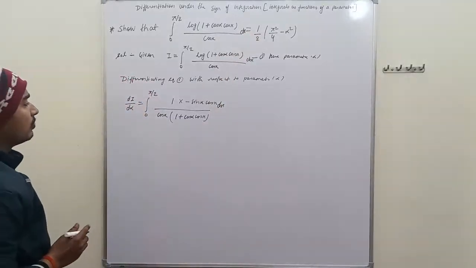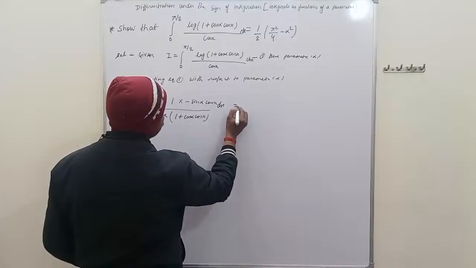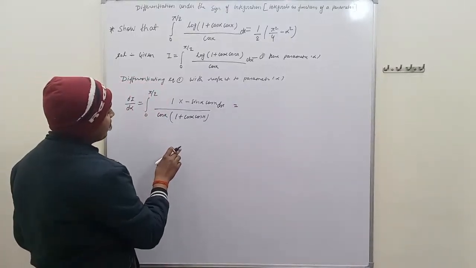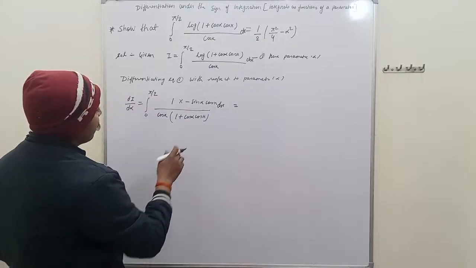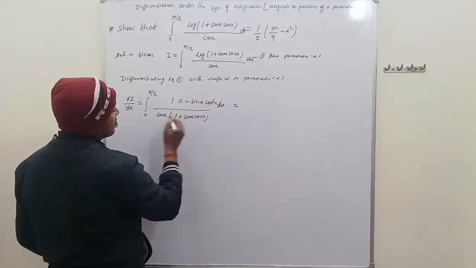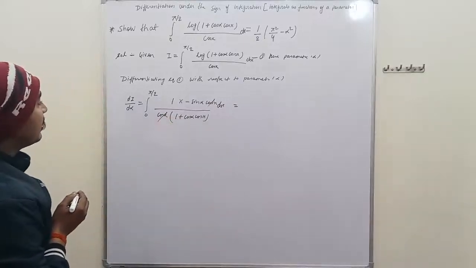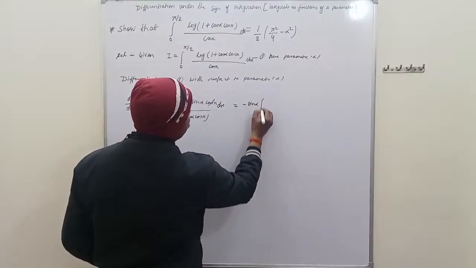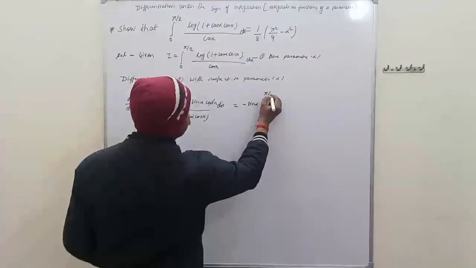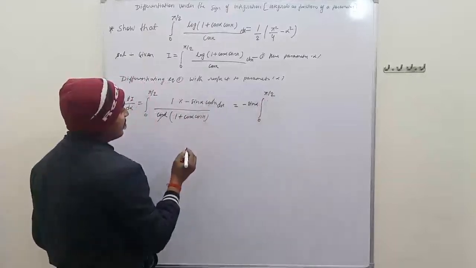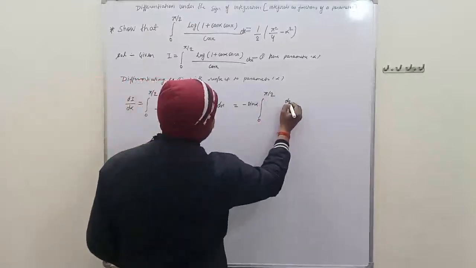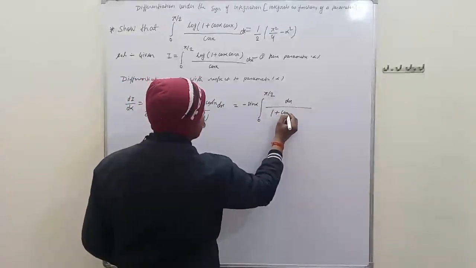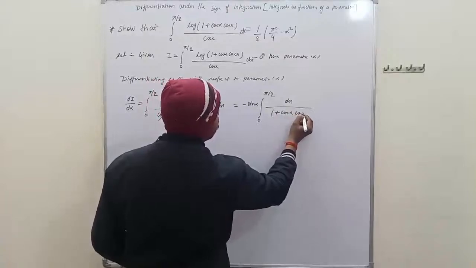Further we have to solve. Here cos x cancels with cos x, and the remaining is minus sin alpha taken outside, with the integral from 0 to pi by 2 of dx upon (1 plus cos alpha into cos x).